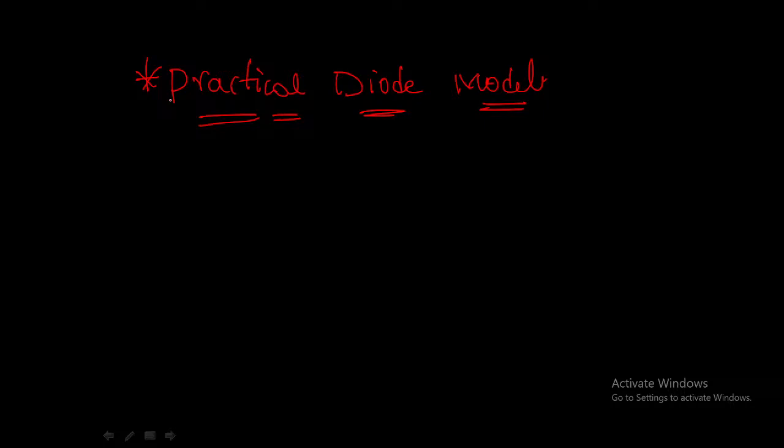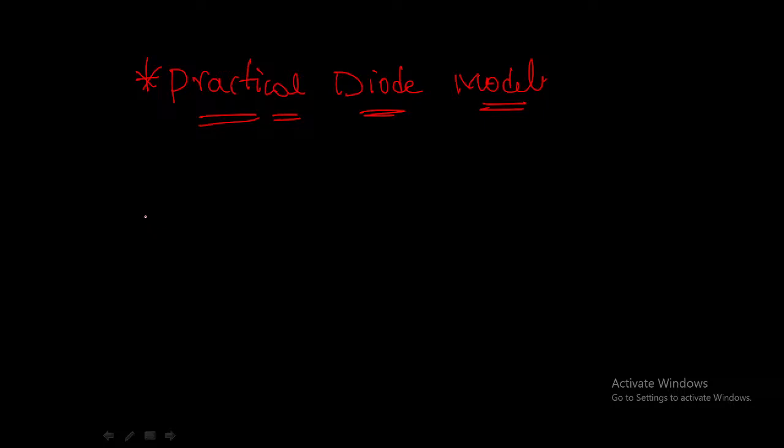In our previous ideal diode model, we considered the diode as just a simple switch. In this particular diode model, we are going to consider the barrier potential also, that is V barrier or V bias.